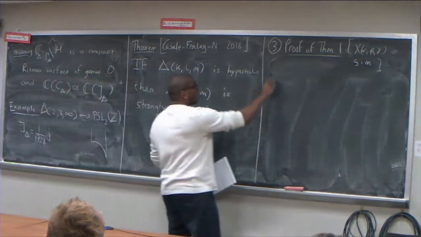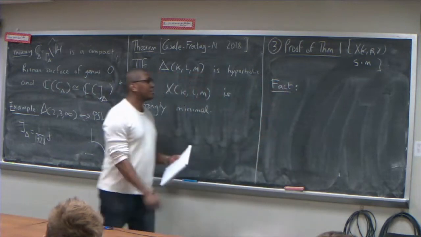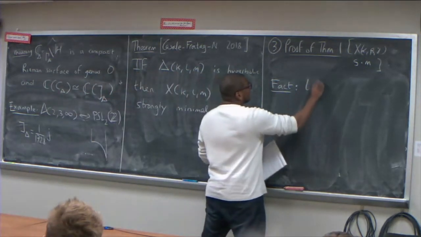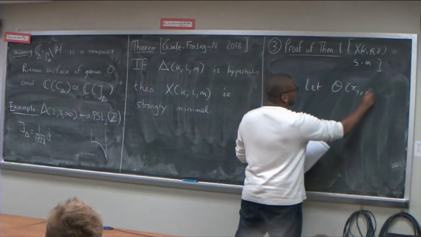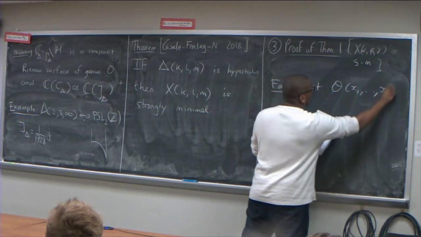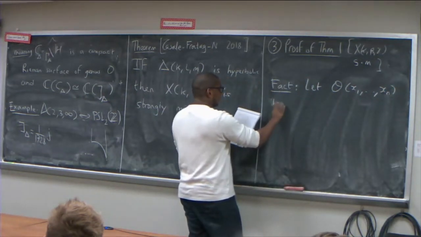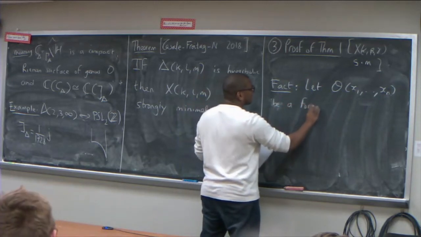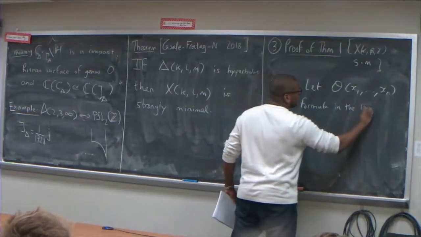So I'm going to write it as a fact about complex numbers or generic constants. So let phi x1 through xn be a formula in the language of differential rings.